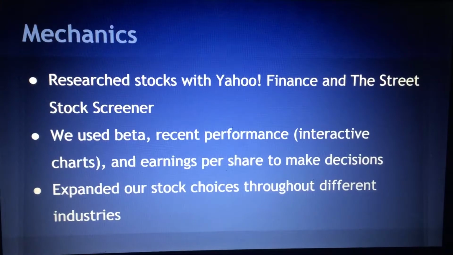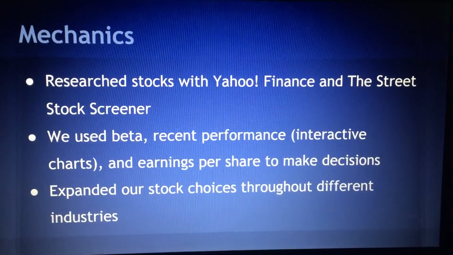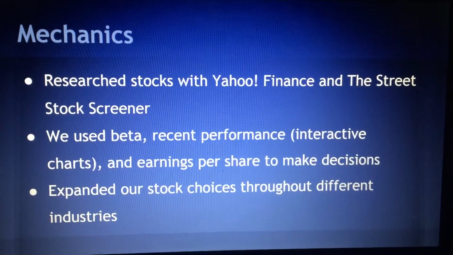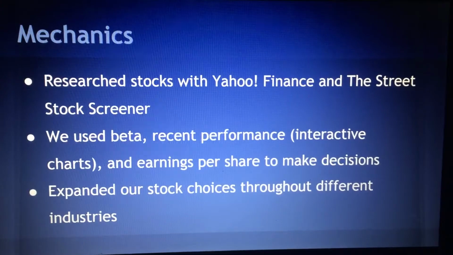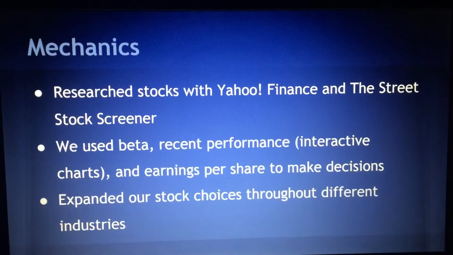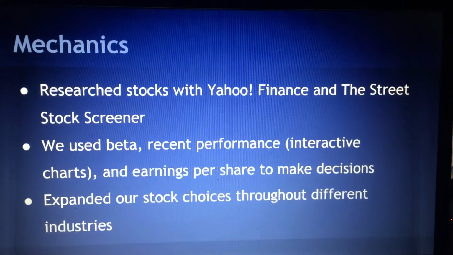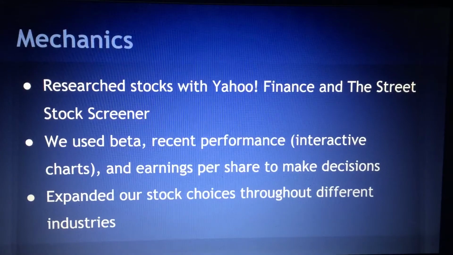We would also look at recent performance, using the interactive charts on Yahoo Finance to see the last 3 months. Another strategy was to diversify throughout different industries because we were trying to cover all markets.